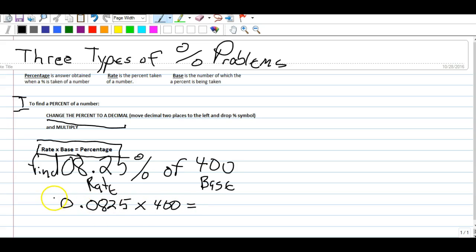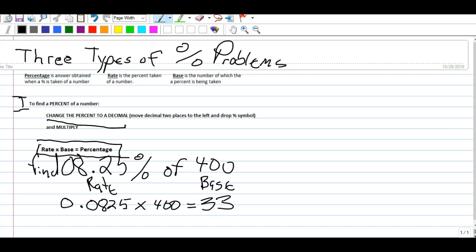Remember, if there's not a whole number involved, then it's customary to put a 0 in front of the decimal. I'm not actually going to do this arithmetic for you because in one of the previous sections, we learned how to multiply decimal numbers. But if you were to multiply 0.0825 times 400, you would get an answer of 33.